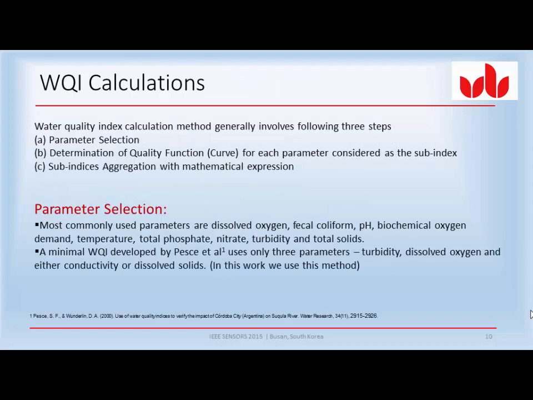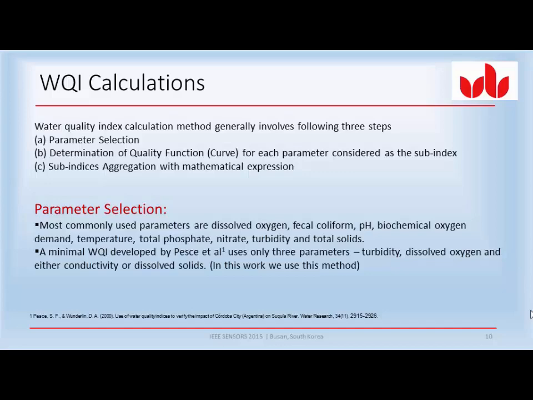In general, for the water quality index calculation, first we have to do parameter selection to decide which parameters we are going to use, then we use something called a quality function, then we calculate the sub-indices, and then use aggregation with a mathematical expression.